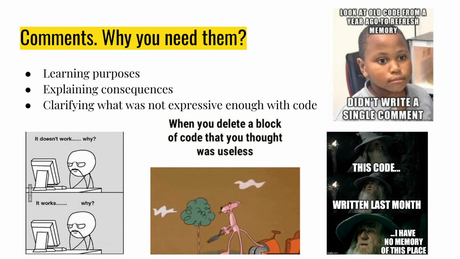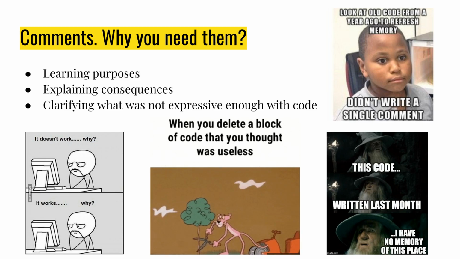Imagine there was no comment and you deleted the code and did how you felt was right. Like in this picture, you would imagine you would cut a branch and the branch would fall, but instead you would cut the branch and the tree would fall on top of you.